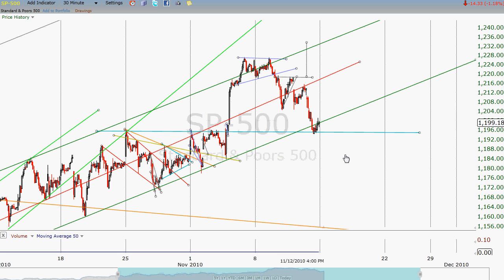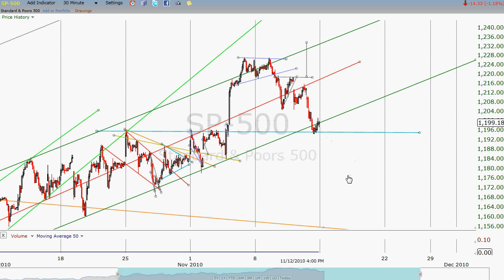So I'm not saying it's guaranteed, but if this were to break down, and let's say we get into the 1180s, and then prices begin to rally and come back maybe to over 1200, 1205 or something like that, you might look at that point to say, well, is the market going to encounter weakness here? If it starts to look weak, that might be the spot to get out.